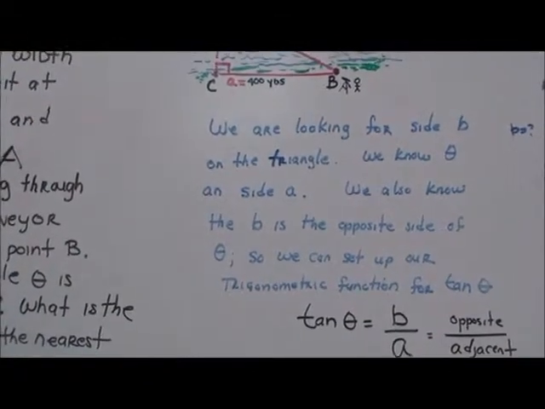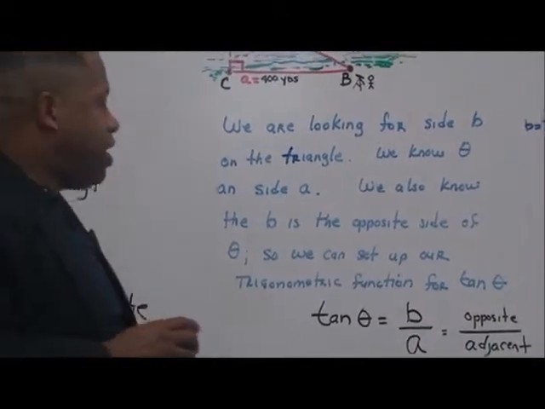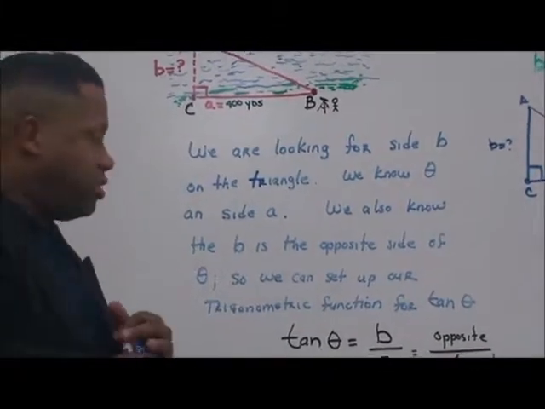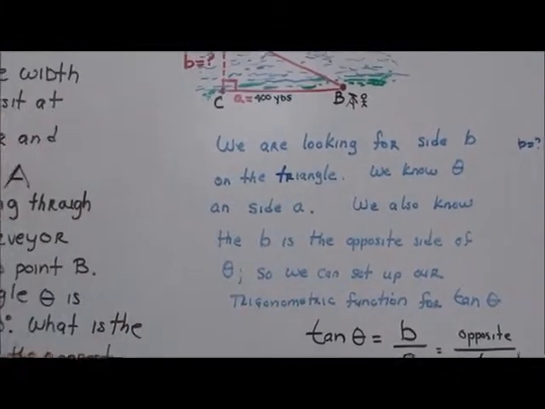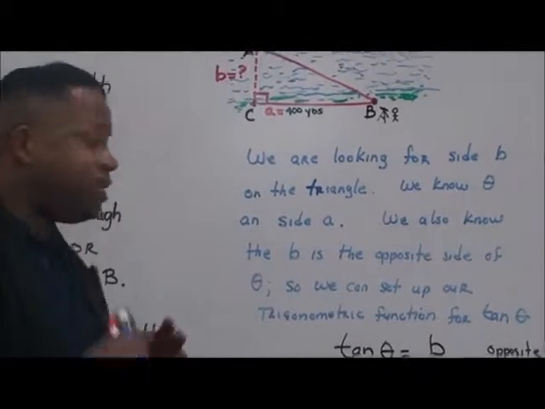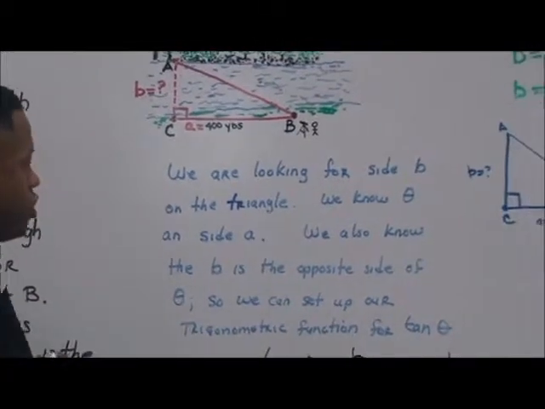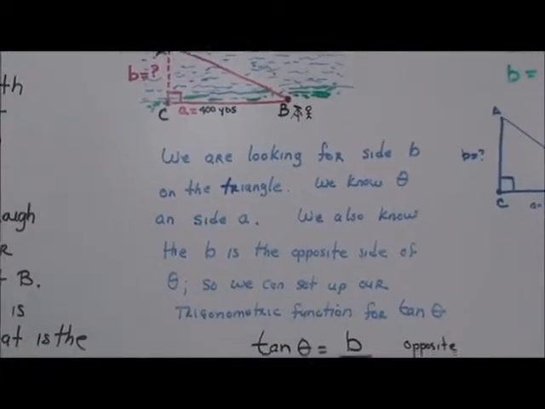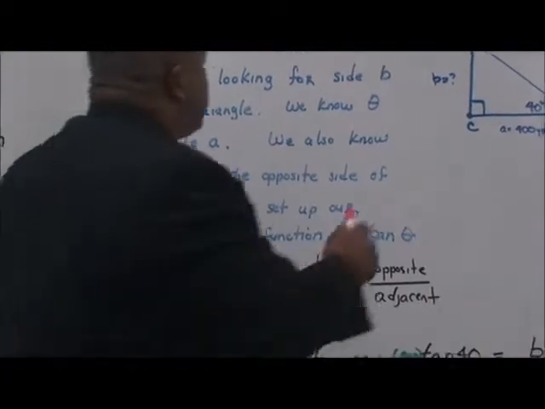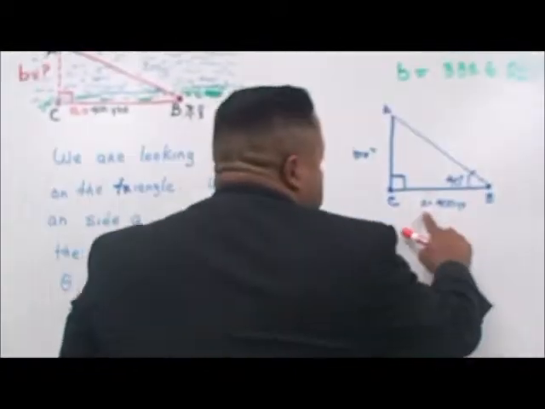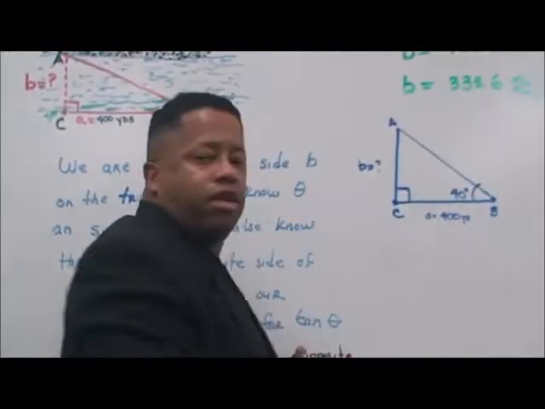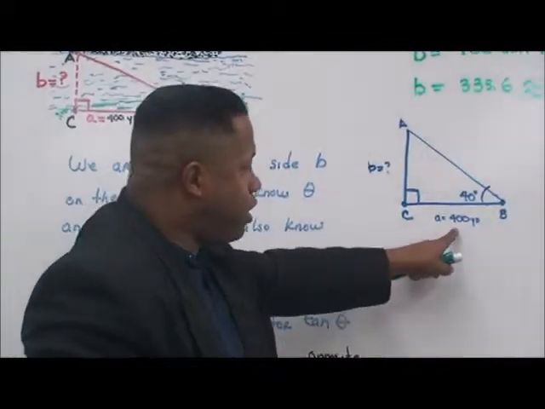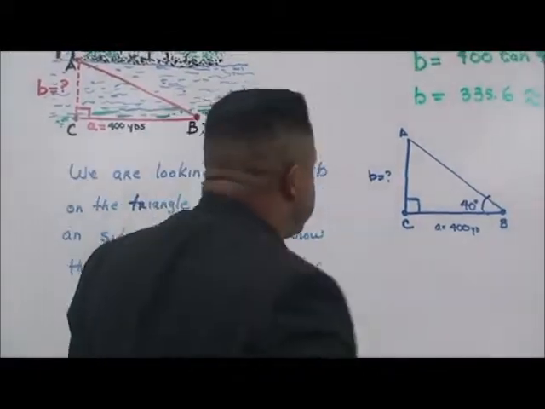So, what we have to do is set up the trigonometric function tangent theta. Here we have a triangle, and on the adjacent side is where he walked 400 yards.